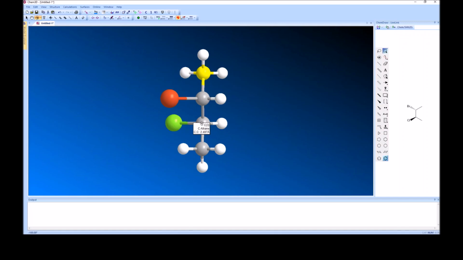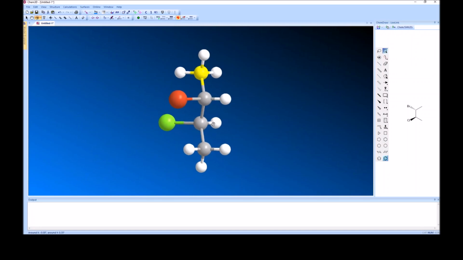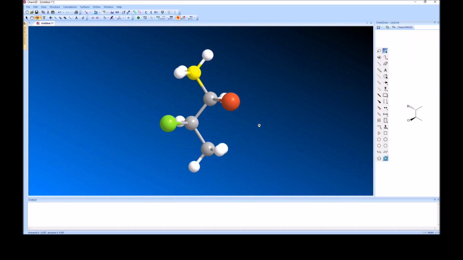All right, so now can't we just put the chlorine on the left-hand side as well? And the answer is no. We need carbon number 3 to be pointing towards us. So the perspective that we need to adopt is we look at the carbon above. So now I'm moving on to the next chiral center. I'm asking what's going on with carbon number 3.